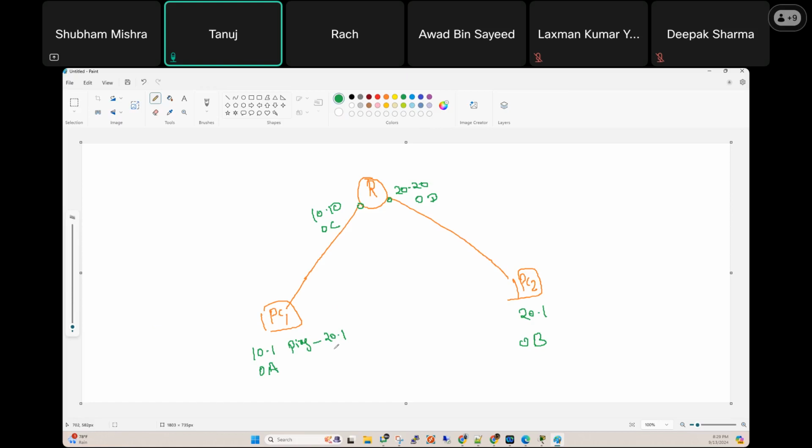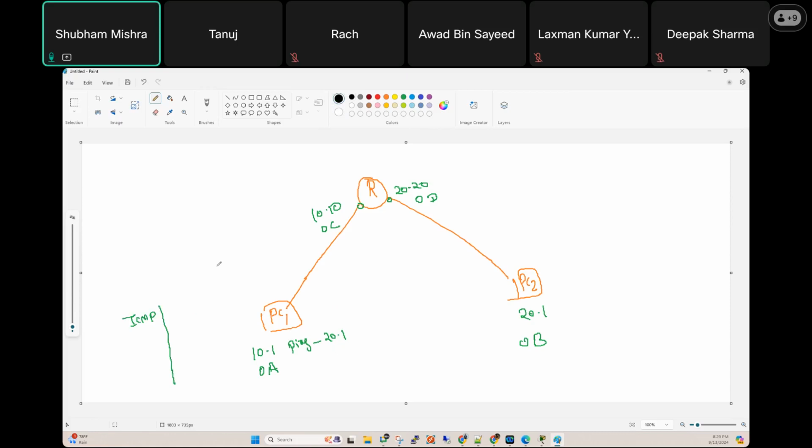You write the ping command, and immediately PC number 1 will generate one packet. The name of that packet is the ICMP packet, right? Because ping is a utility. What is ping? Ping is a utility. And ping uses which protocol, guys? ICMP protocol. So that's the reason PC number 1 immediately raised which packet?